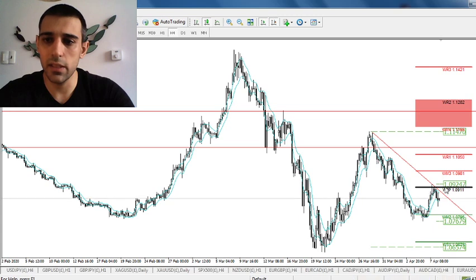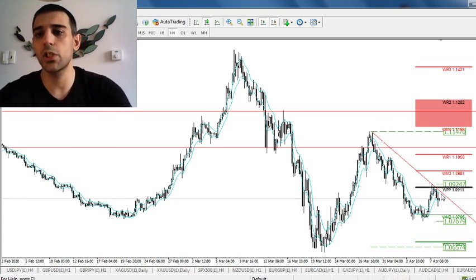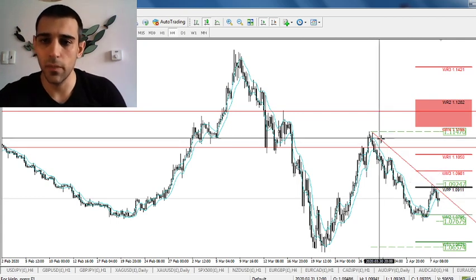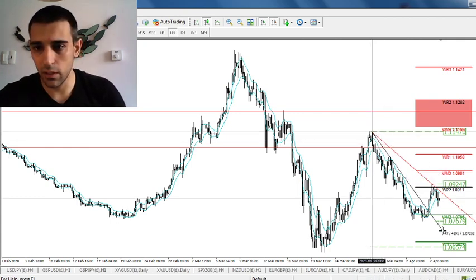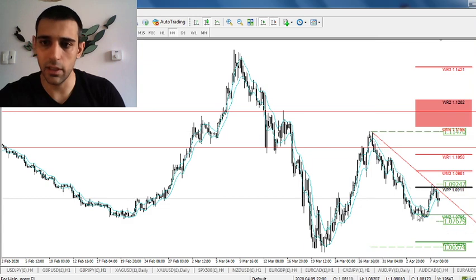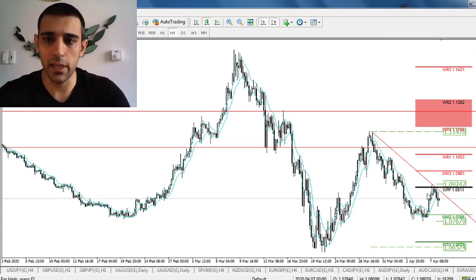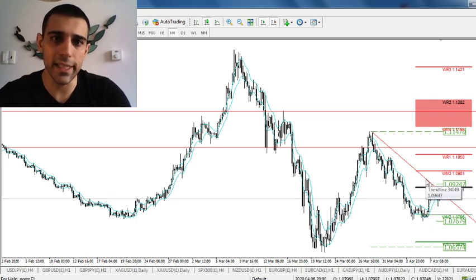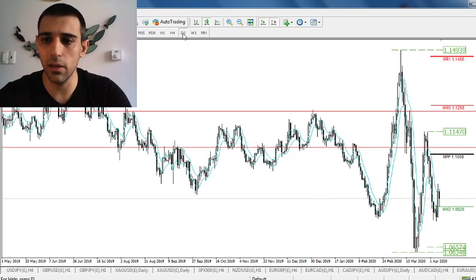I want to see at least a break of this weekly pivot, and now we have this 4-hourly trend line as well. The trend line was down here but has been broken, and the price came out to this weekly pivot and tested it. So now it's kind of a waiting game again.